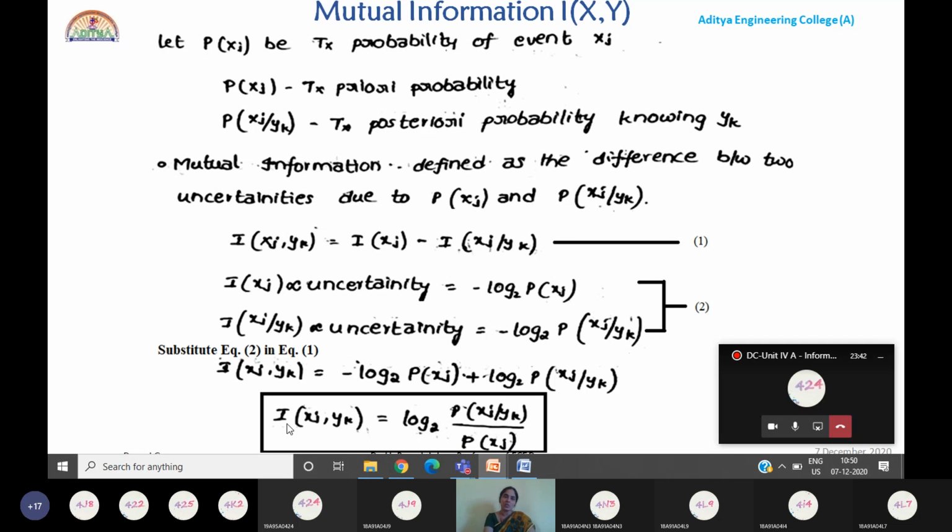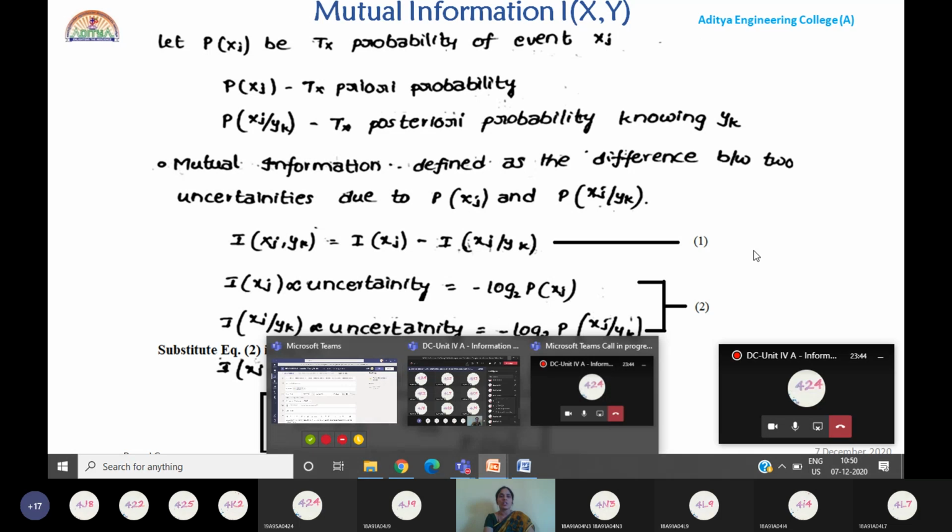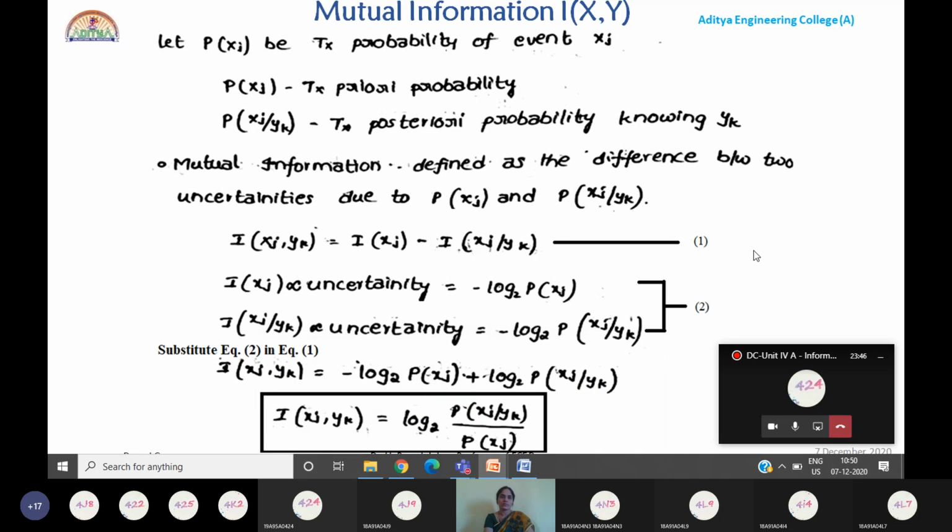So this is the expression for the mutual information of the transmitter. For example, if you want to get the mutual information of the receiver, it will be I of yk comma xj is log of p of yk by xj whole divided by p of yk. Okay, that is the mutual information of the receiver section.